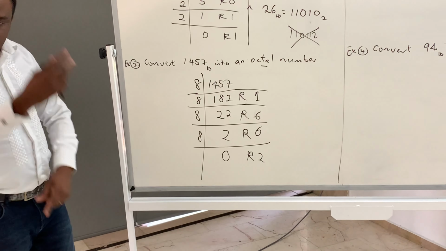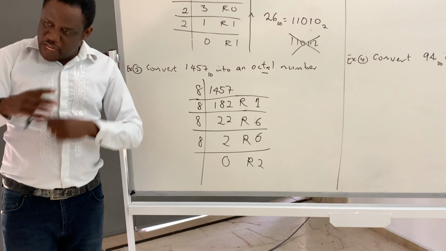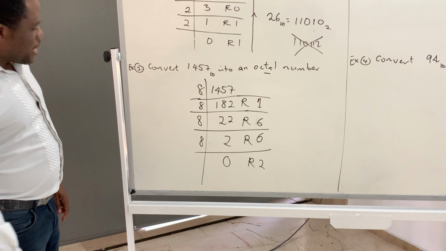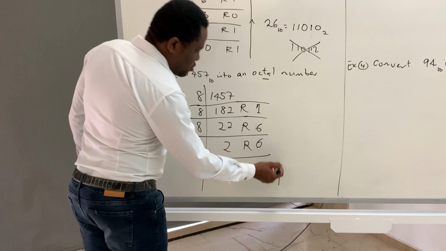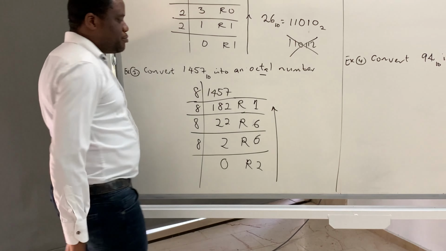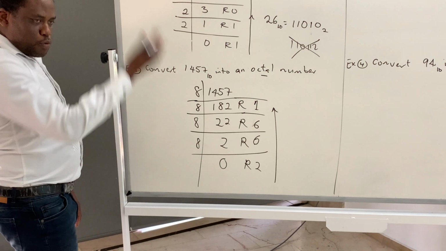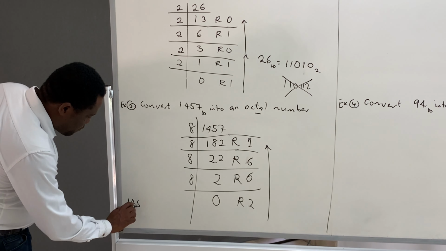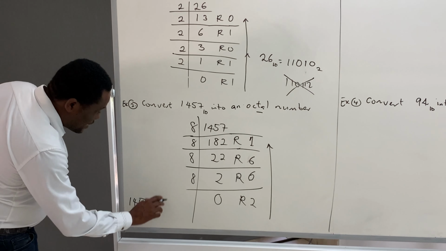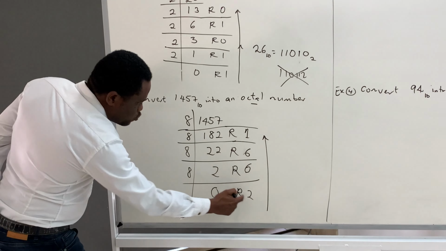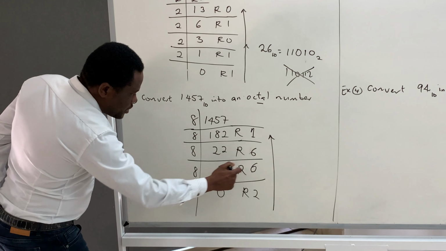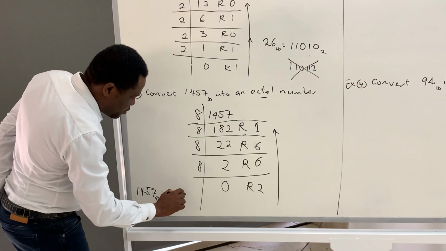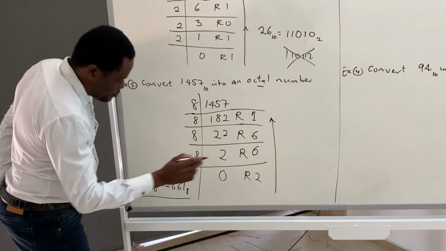So anytime you multiply and you divide, make sure you check to be sure that everything is okay. So finally, we can write out our result. Don't forget to write down, up, bottom up. So that is 1457 in base 10 is equivalent to 2661 in base 8.